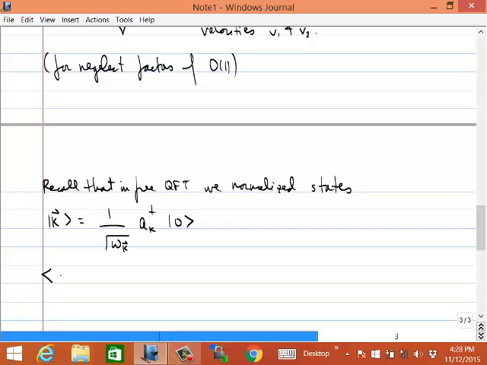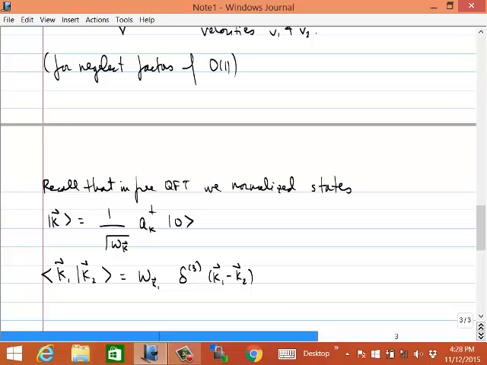So that means, for example, that the inner product between two states is given by a delta function that sets k1 equal to k2, but with a normalization factor. That's the energy of the state.